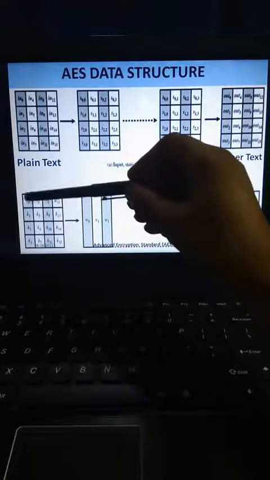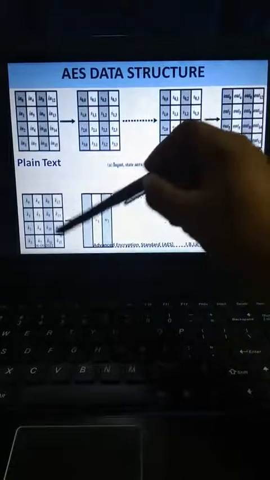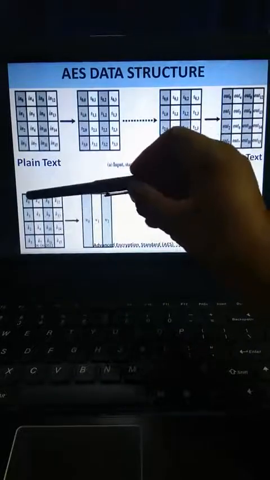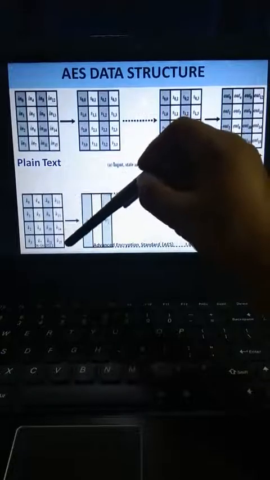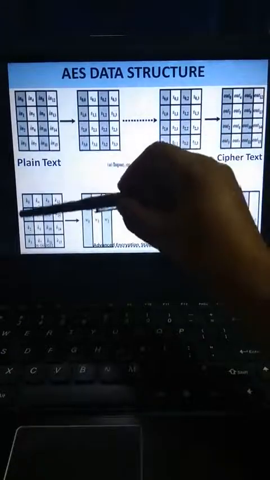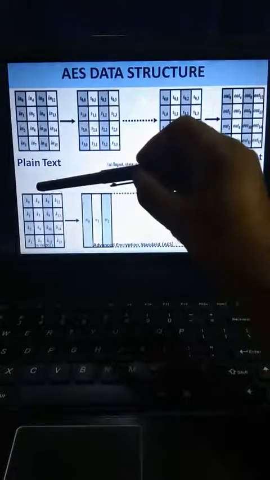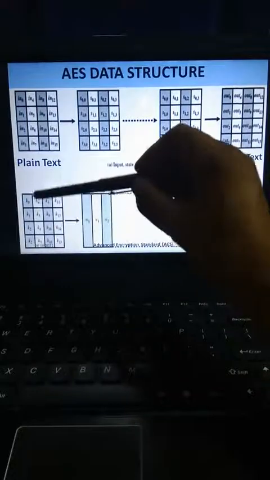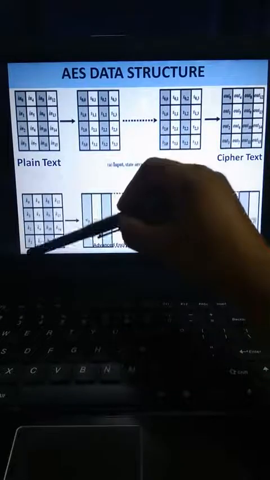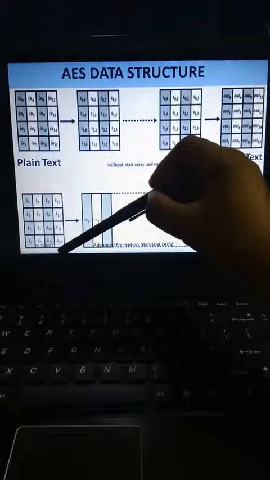So 8 bits into 16, we would get 128 bits. One column is again one word. So this is word 1, word 2, word 3, and word 4. Each column represents one word.